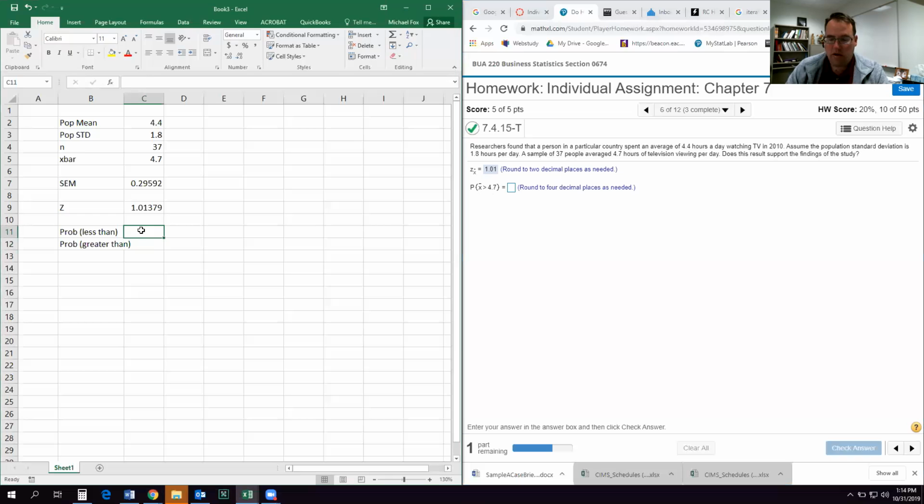So again, if I use NORM.S.DIST, put in my z-score, comma, TRUE, that will give me the probability that is less than that point. And then the probability that is greater than will be 1 minus the probability that is less than. So 0.1553.